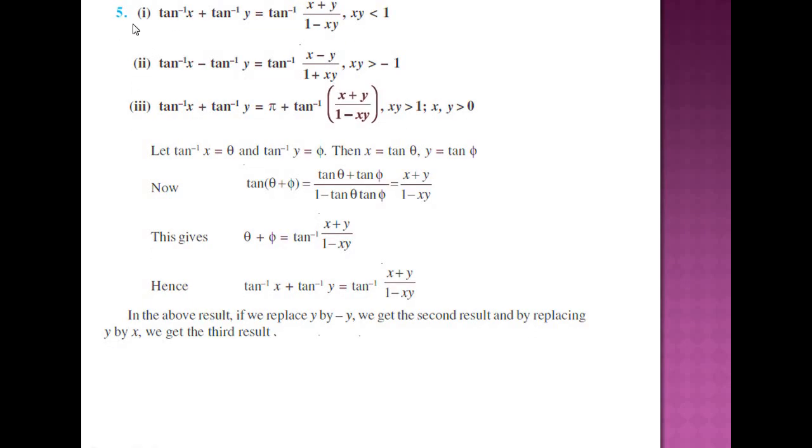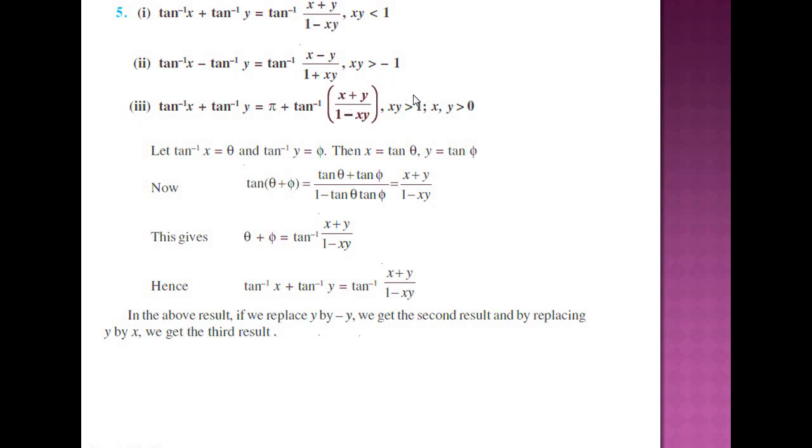Next, fifth, there are three. You can see tan inverse of x plus tan inverse of y is tan inverse of x plus y upon 1 minus xy, if the product xy is less than 1. Then the same with the negative sign, right? Tan inverse of x minus tan inverse of y equals tan inverse of x minus y upon 1 plus xy. You can see only the sign changes, but this condition is used when there is a negative sign in between, that is, the product xy is greater than minus 1.